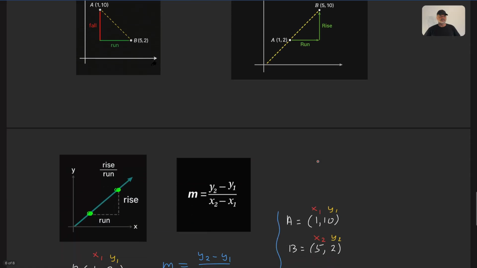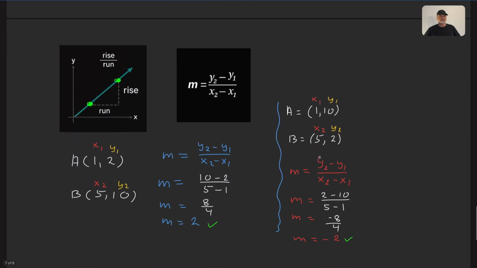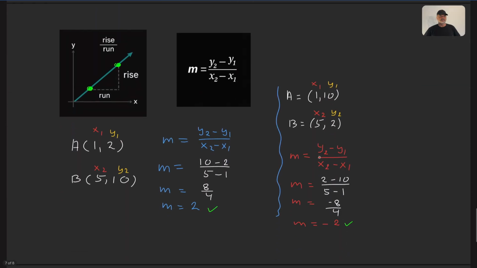So let's dive in. Knowing that this is the ratio rise over run, our goal is to establish how do you calculate this vertical distance and how do you calculate that horizontal distance.